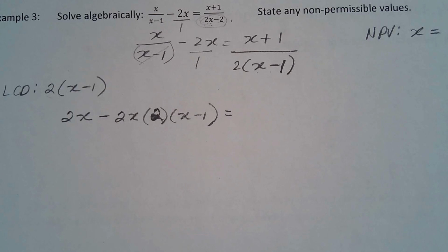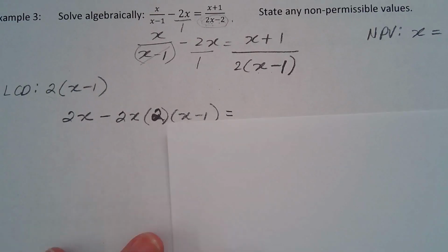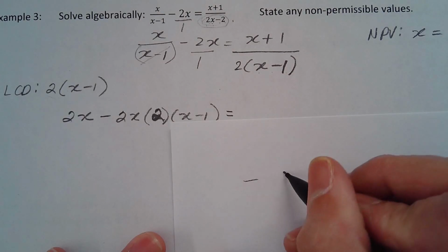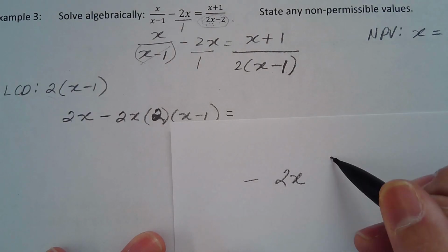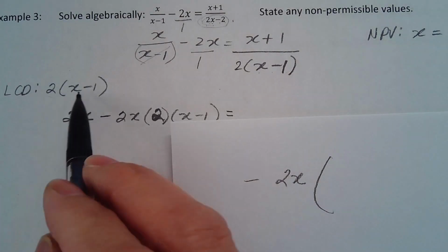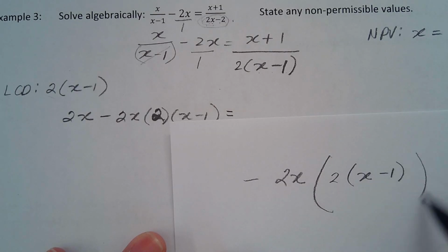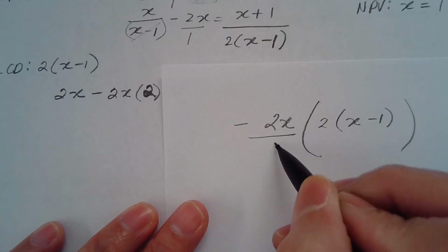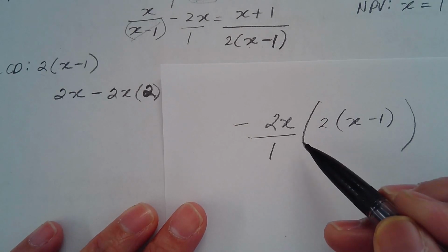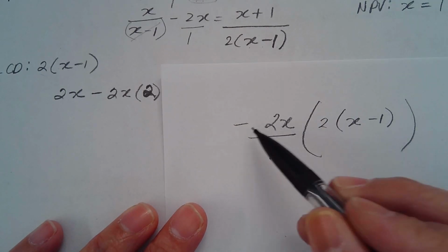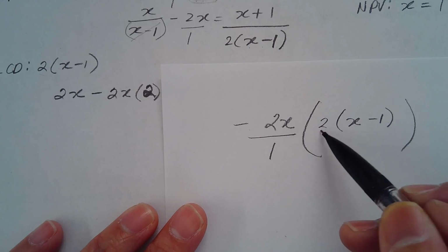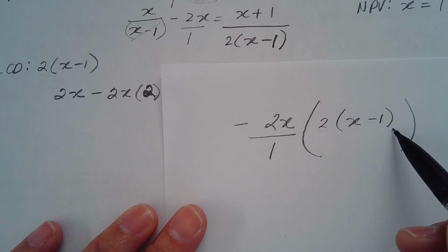So if the denominator here is 1, I'm just going to do it on a separate sheet of paper. So if I go negative 2x, and if I multiply it by the LCD, which is 2 times x minus 1, nothing cancels in the denominator. So we're left with negative 2x times 2 times x minus 1. Nothing cancels.